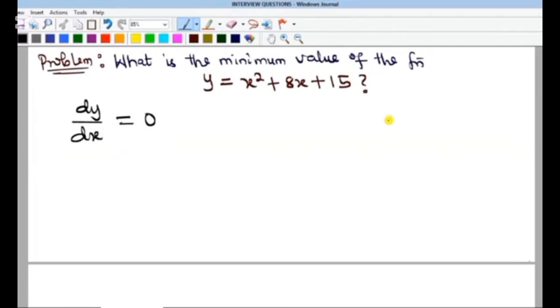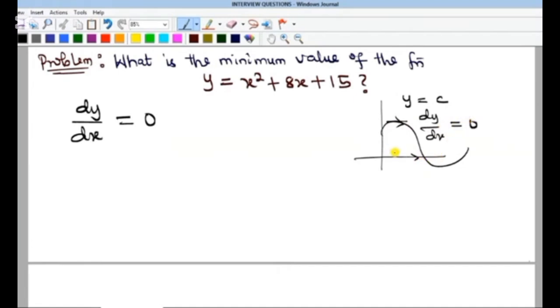Because at the point where there is a turning on the curve, if you take a tangent at that point, it is always parallel to the x-axis. And because it is parallel to the x-axis, it means actually that your y there is a constant. Okay, and if your y is a constant, if you take the derivative of y in order to get the equation of the tangent, you're actually going to get 0.